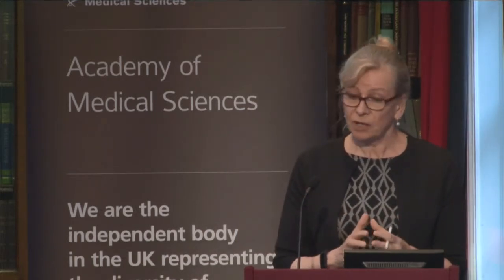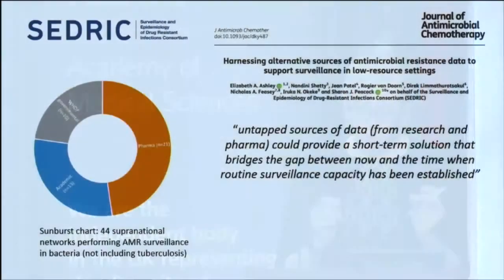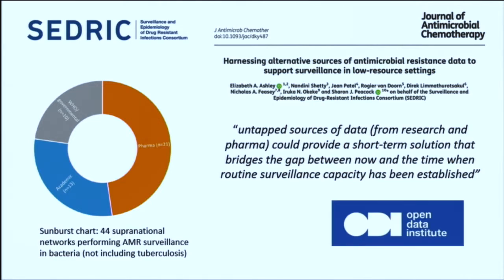In this review that we published in the Journal of Antimicrobial Chemotherapy, we felt that there were untapped sources of data from research and pharma which could provide a short-term solution to bridge the gap between now and the time when routine surveillance capacity has been established through initiatives such as the Fleming Fund and others. At this point, Wellcome funded a project through the Open Data Institute to understand whether it was possible to unlock the pharma data.